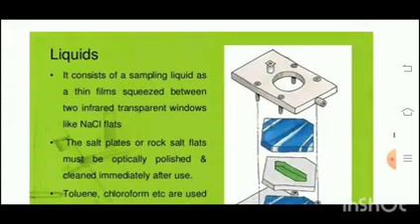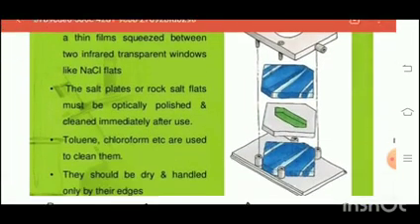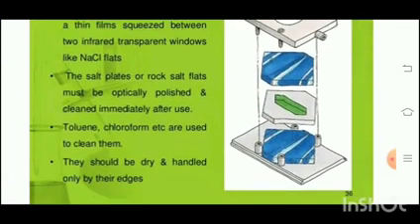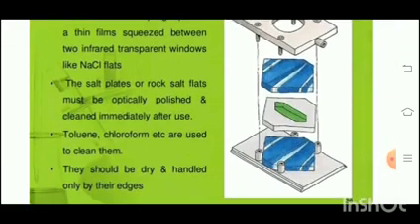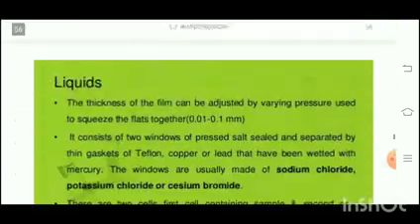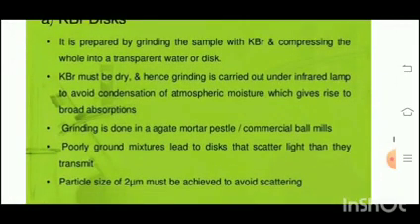And this is for liquid samples. The liquid sample container has a gap in the middle for placing the liquid. The liquid sample is kept inside, and IR radiation is allowed to pass through. For solid samples, we can prepare KBr discs.